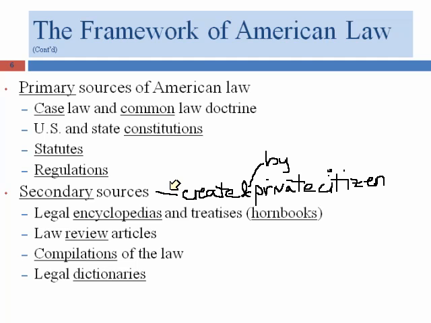So the quality of secondary sources is very contingent upon how well they do describing the primary sources. So think about your textbook for a second. The person who wrote your textbook is a private citizen, or a few private citizens. If they were to completely misdescribe some aspect of the law, they don't change the law. They just mess up and do a bad job.